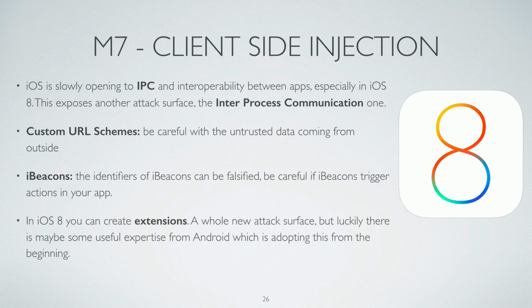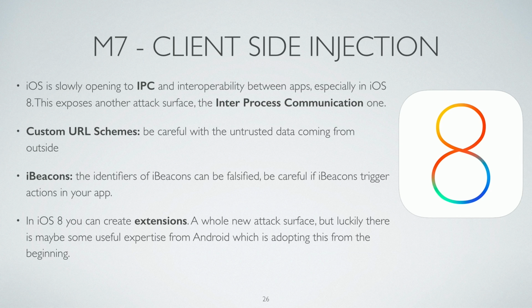As we saw with the presentation of iOS 8, the iOS operating system is changing a lot in terms of inter-process communication and openness of the platform. Now it's possible to create extensions, and apps can communicate more, I'm scared to say this, in an Android way, because it's very similar to what Android was doing some time ago.